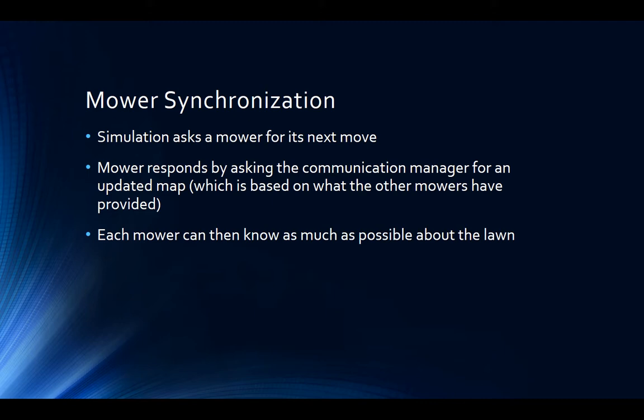This is based on each mower providing information to that broker, or excuse me, to that data structure. As the mowers reach out and ask for that map, they're able to make better decisions about the overall map. Especially as the map grows or as the mowers spread out, they're able to have even more information about what the overall map looks like.